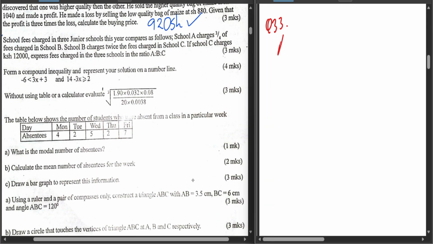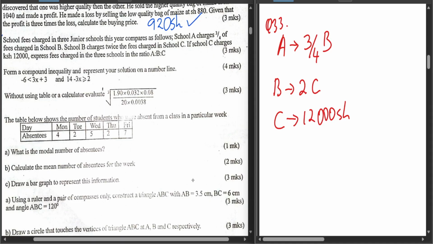School A charges 3 over 4 of fees charged in school B, and school B charges twice the fees charged in school C. If school C charges 12,000 shillings, express fees charged in the 3 schools in the ratio A to B to C.